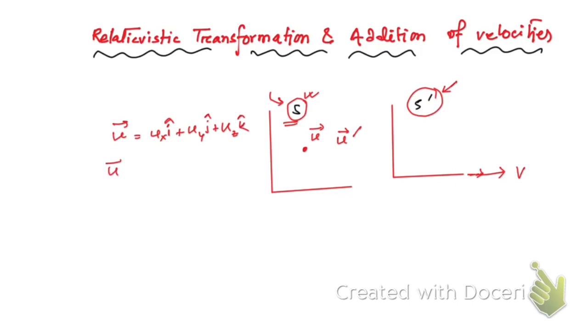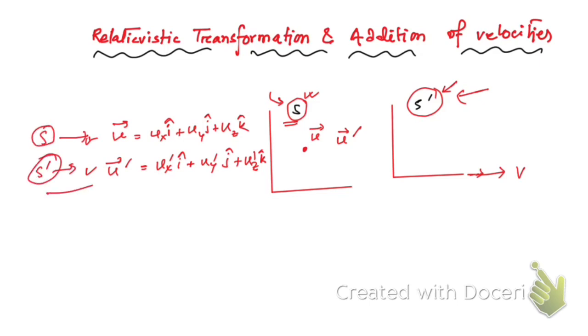Similarly, u dash, the velocity relative to the S dash frame, is ux dash i cap plus uy dash j cap plus uz dash k cap. So these are the velocities of the particle in two different frames. In S frame, this is the velocity. In S dash frame, this is the velocity. Hope you have understood this.